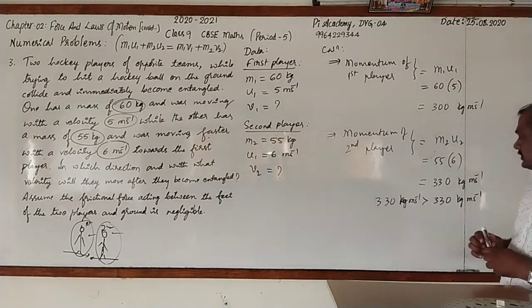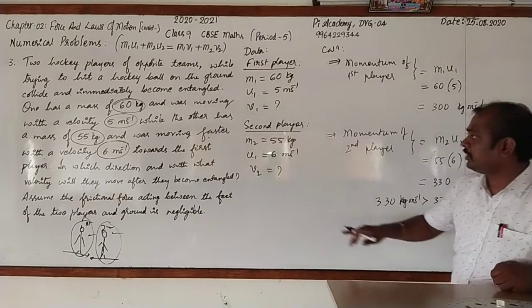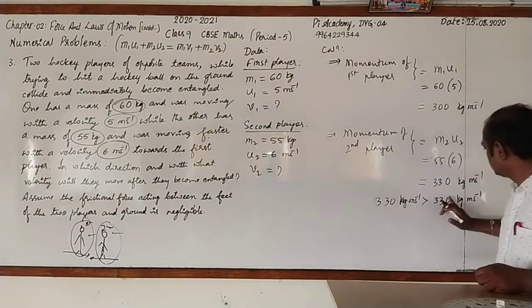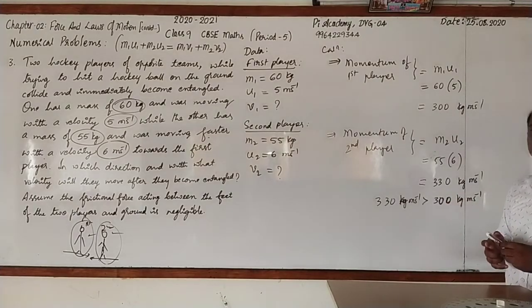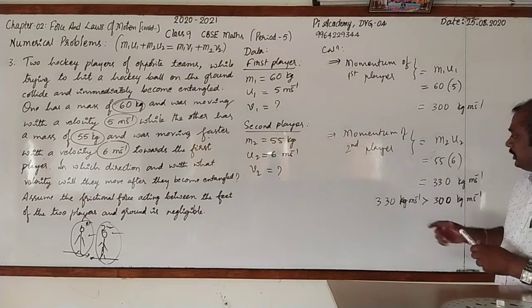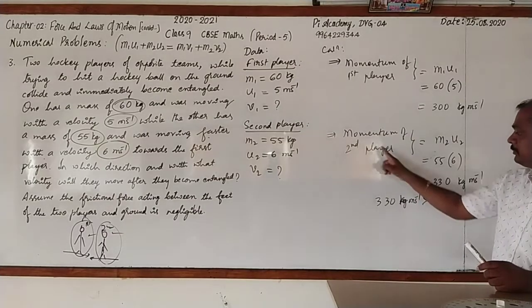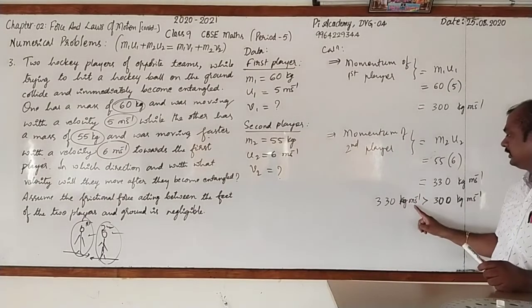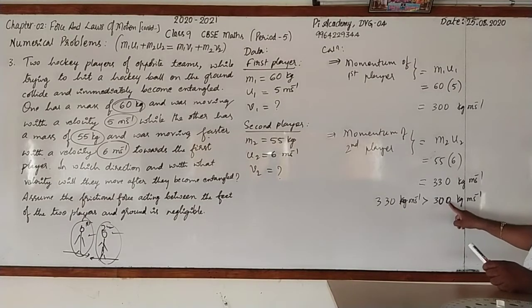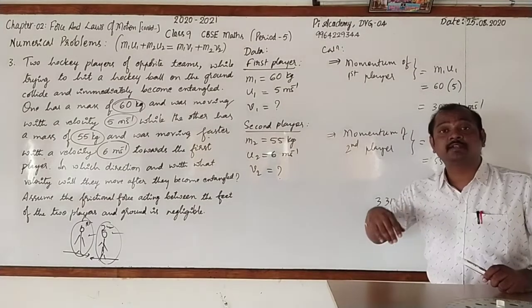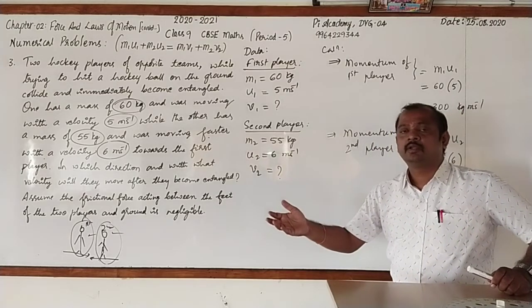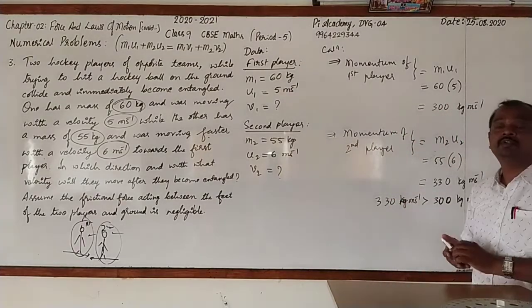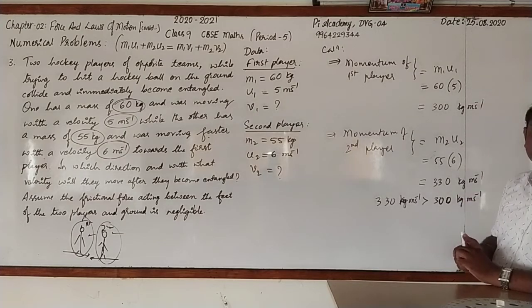Hence, as we know that the momentum of the second player, 330 kg meter per second, is more than the first player, he will exert more force. Hence, towards which player do they start moving? Towards the first player only, right? Okay.